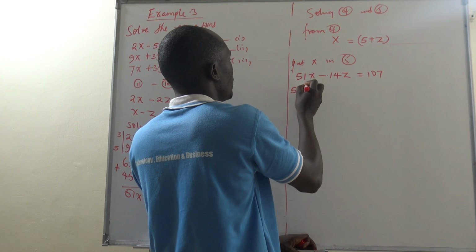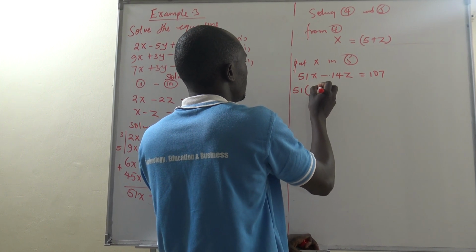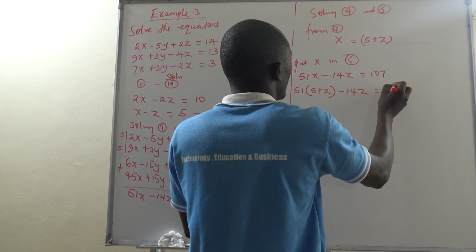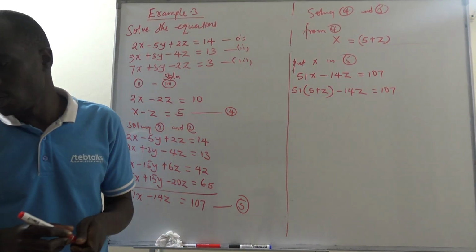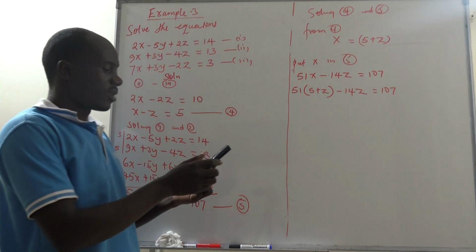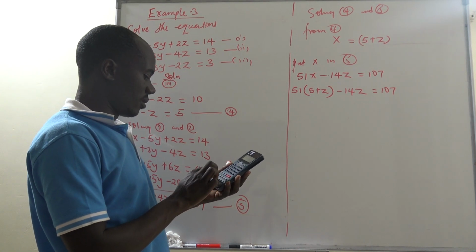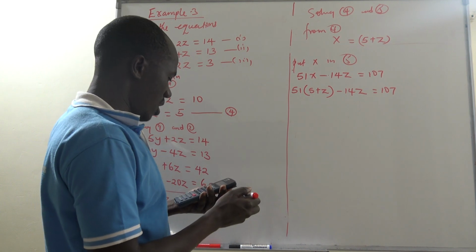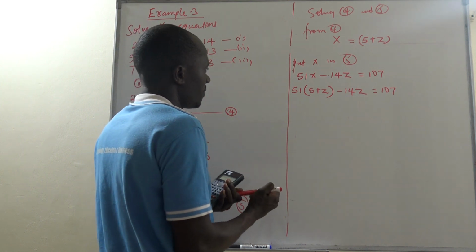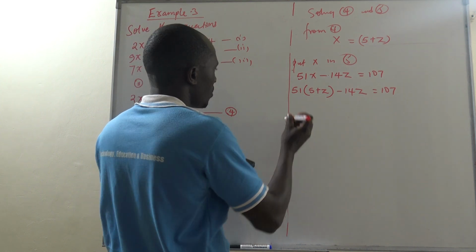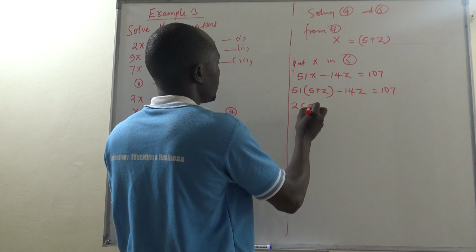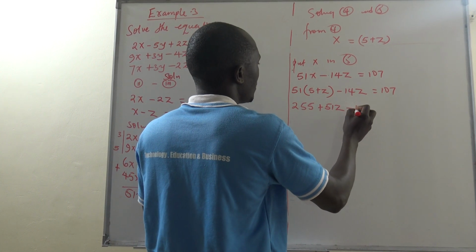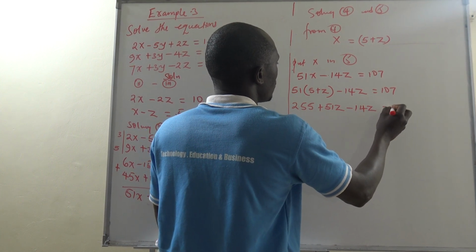We get 51 into 5 plus z, minus 14z equals 107. Can we open the brackets together? 51 times 5 is 255. This becomes 255 plus 51z minus 14z equals 107.